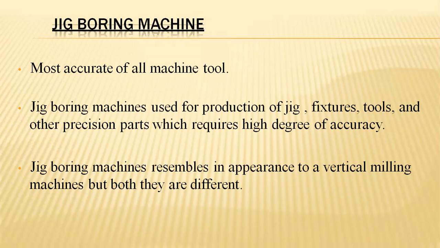Most probably, jig boring machines are utilized for producing the jigs and fixtures, which are used for holding the objects in lathe machines, milling machines, drilling machines, etc. Not only these jigs and fixtures, but also some of the tools and other precision parts that are required for monitoring.